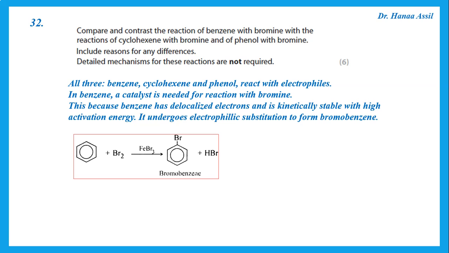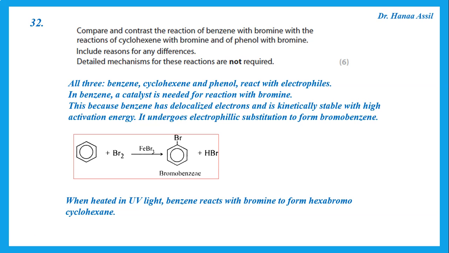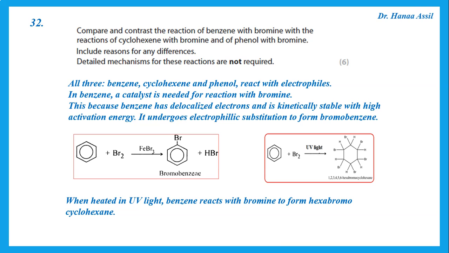This is because the benzene has delocalized electrons. So we say this makes it kinetically stable with high activation energy. So it undergoes electrophilic substitution to form bromobenzene. If we heat it in UV light, it gives a different product.